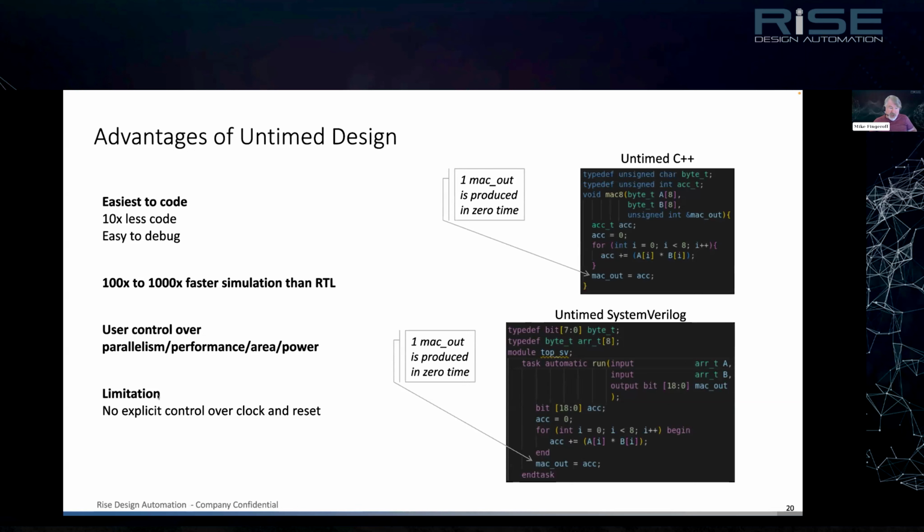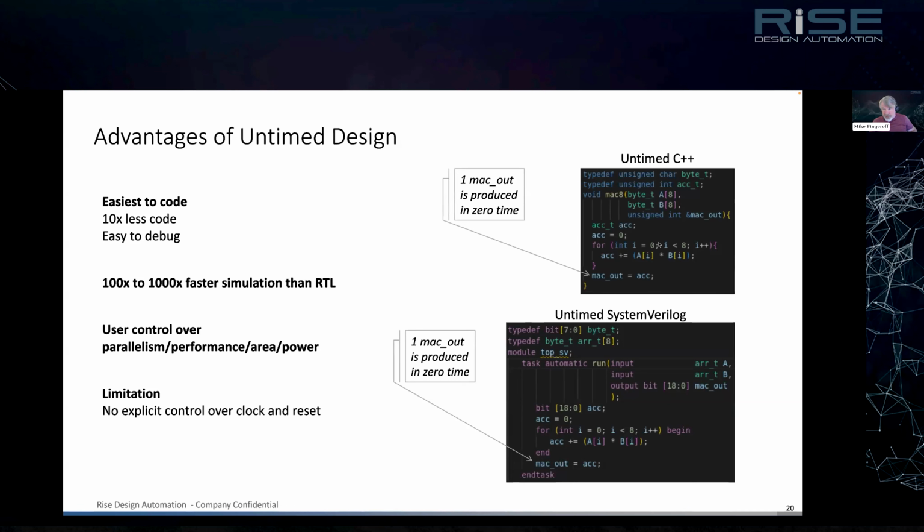Now, one of the limitations here is that because it's untimed, as I mentioned before, you don't have explicit control over the clock and the reset, and this somewhat limits how detailed you can model, especially for very control-centric designs. If you look at the code on the right here, you can see I have examples of untimed C++ and untimed SystemVerilog, and they look very similar. I have basically a design doing a multiply accumulate.